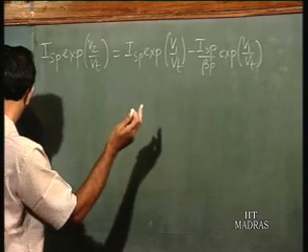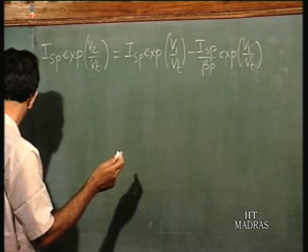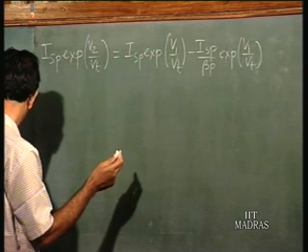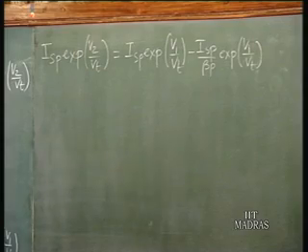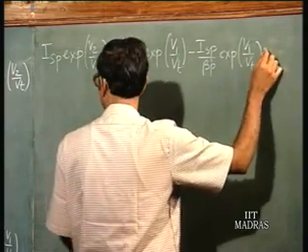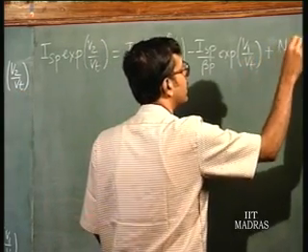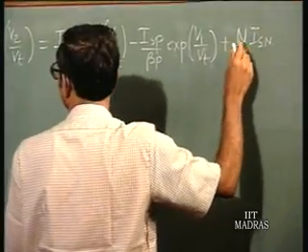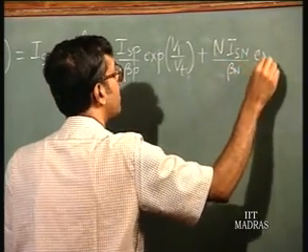So this is equal to this thing. This is going to be equal to plus, the correct signs are just beta N exponential.